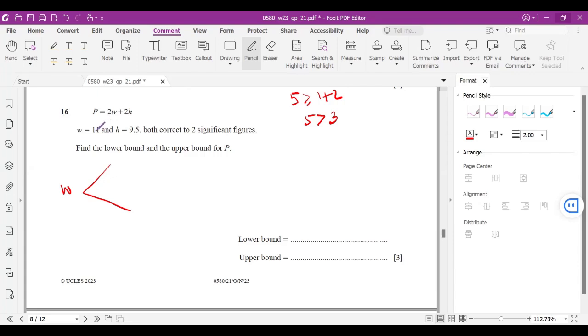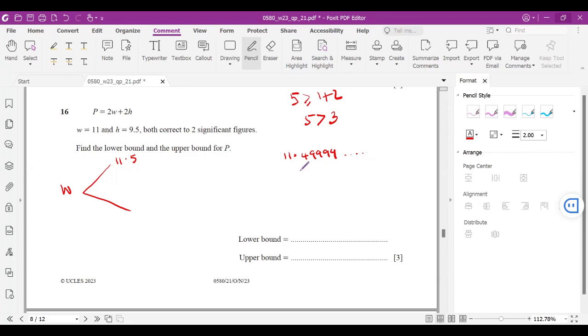And the upper bound, of course, is going to be the highest number that can approximate to 11 when I estimate it to 2 significant figures. That number is close enough to 11.5. That is, it's going to be like 11.4999999... So that's the number.